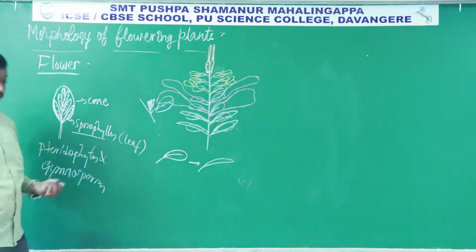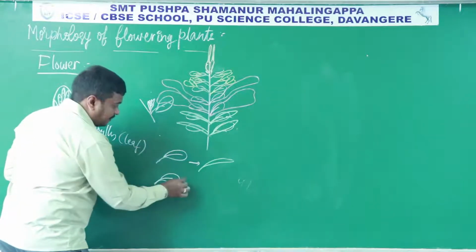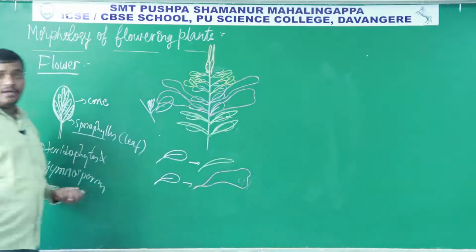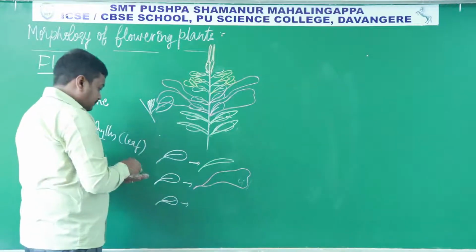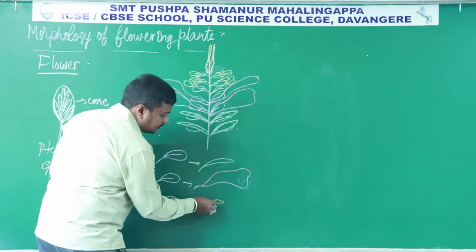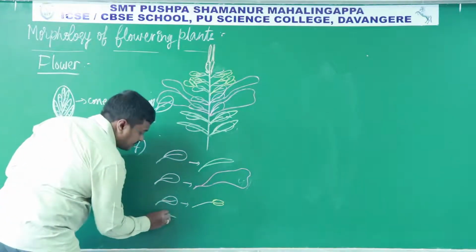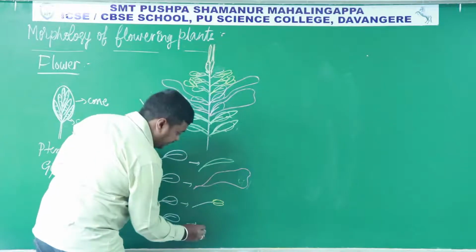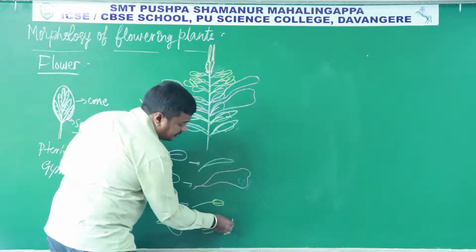And the ones above them should develop as leaves like this, but instead they are modified like this. And some leaves are modified into a structure like this, and some leaves, let's say 2 leaves together, they modify into a structure like this.